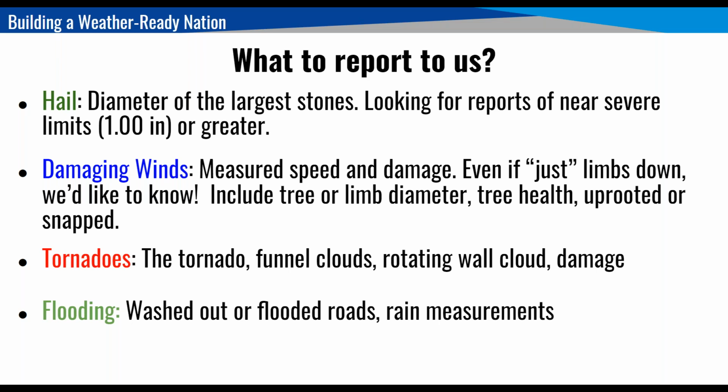And then lastly, with flooding, we want to know are there washed out or flooded roadways, and different rain measurements. And this can really help us with calibrating not only our various sources of looking at rainfall measurements, but also can help with warnings and such.